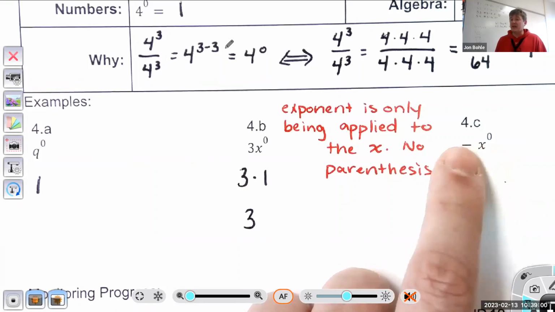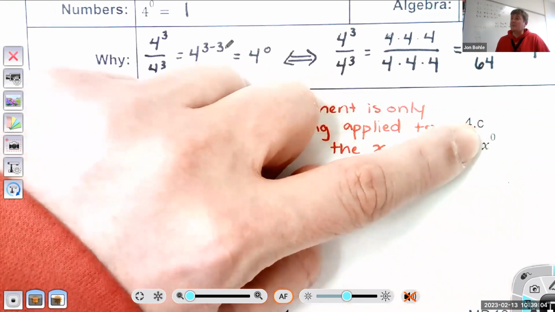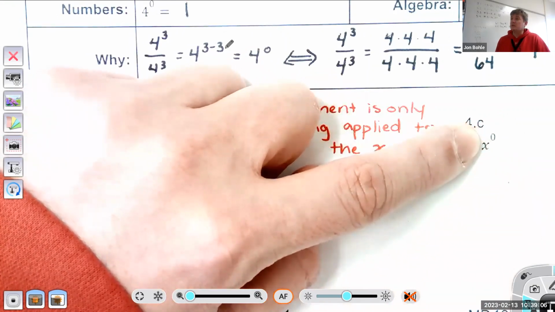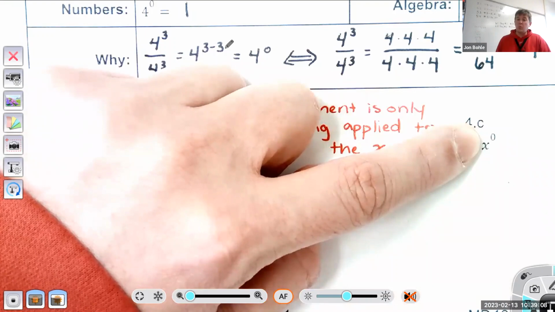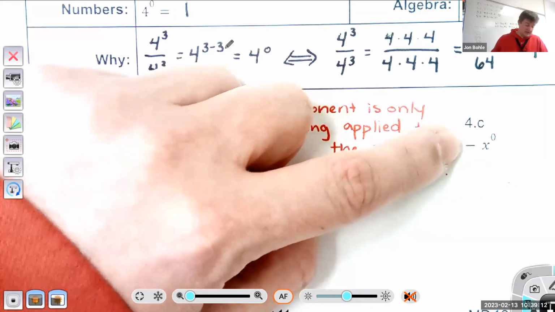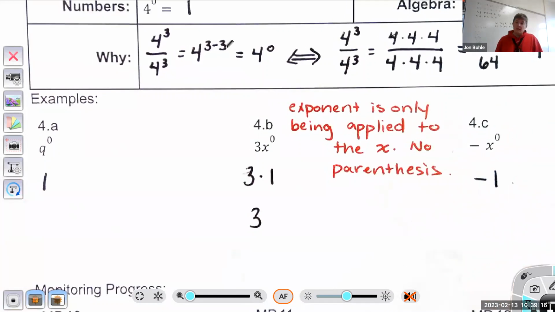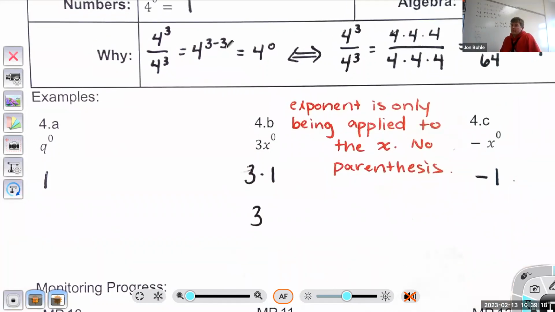There's no parentheses around the negative sign and the x. So that means this exponent's going to happen first. So it's 1. X to the 0 power is 1. The opposite of 1 is negative 1. Okay. Any questions about 4a, b, or c?